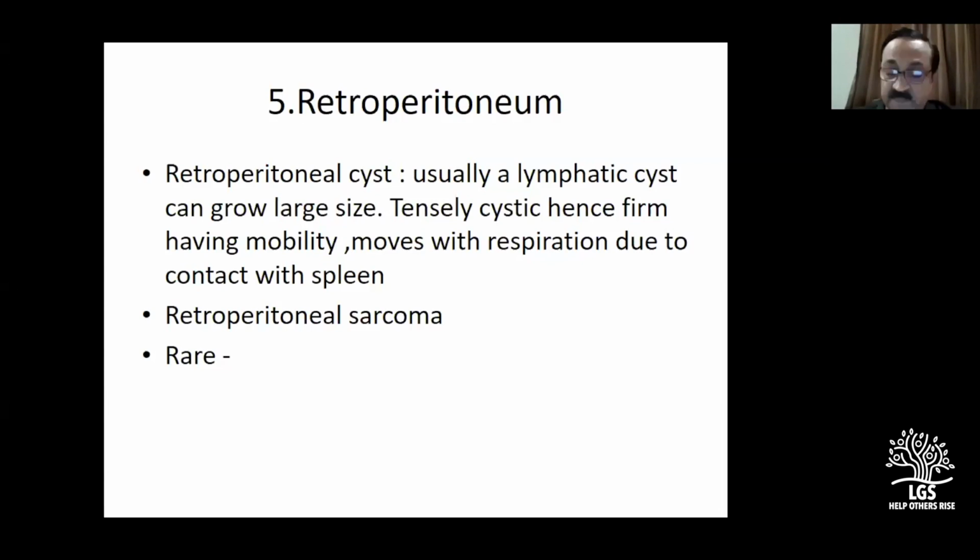Any questions? Rajan sir wants to speak. Sir, just a little point to help the PGs understand movement with respiration of the spleen. The spleen lies between the 9th and 11th ribs, and its long axis is in the line of the 10th rib.